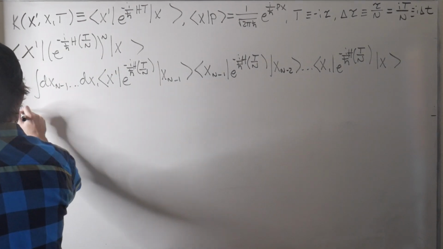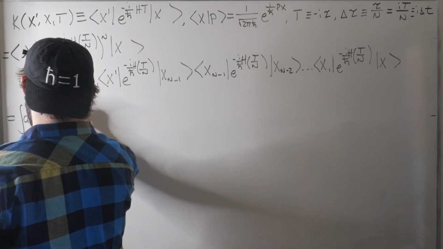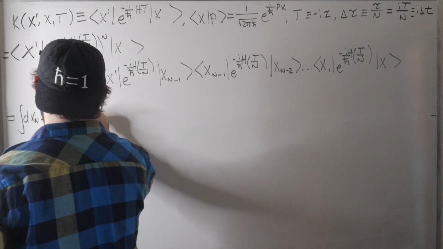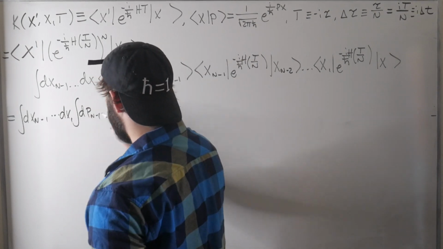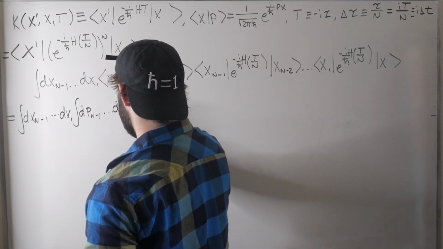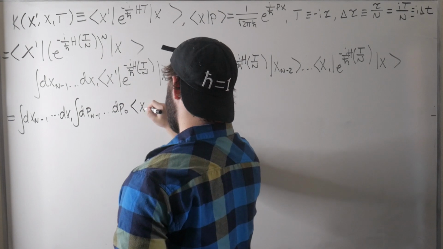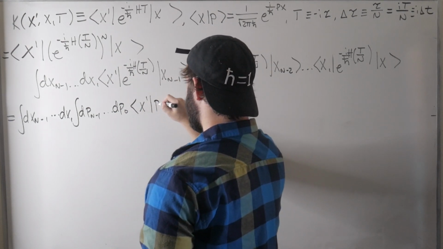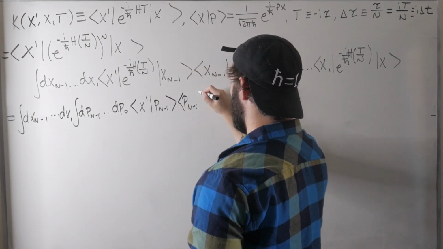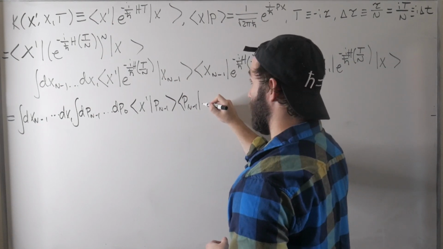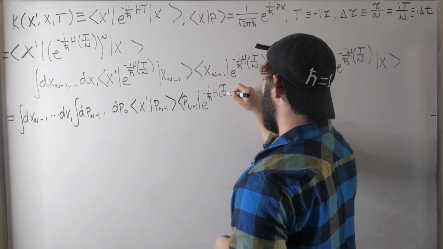So now we're going to be integrating over our coordinates, dx_{n-1} dot dot dot dx_1, and integral dp_{n-1}. Since we're indexing with n minus 1, the p will end at 0, dot dot dot dp_0. And then we're inserting our states. So we have an x prime, p sub n minus 1, and then we have a p sub n minus 1, the exponential of the operator, e to the minus i over h bar H t over n.